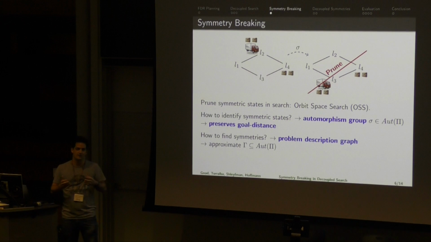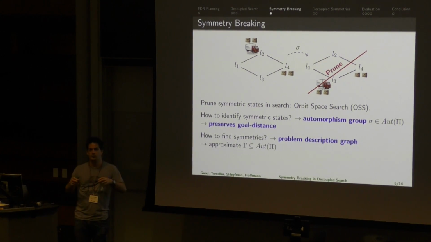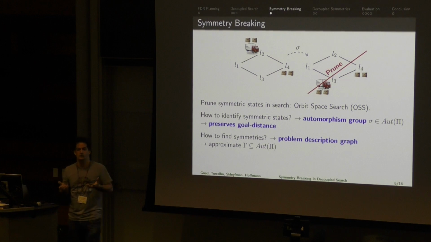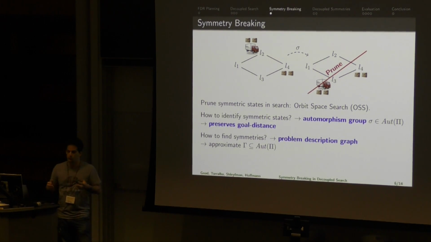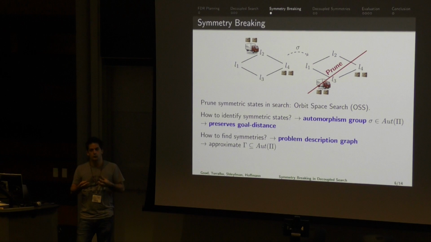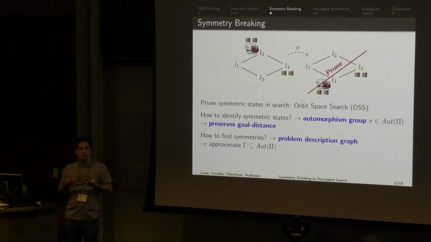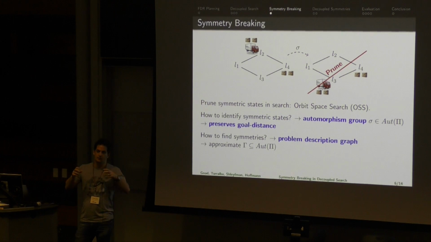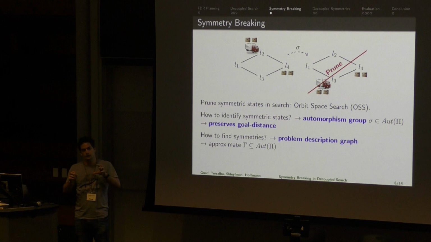Next, how do we actually detect those symmetries? We just cannot create the whole state space and then compute the automorphisms, that's intractable. So we need to do that more efficiently. We do this by the problem description graph, which is linear in the size of your problem. Basically it is a graphical illustration of your variables, the values that they can have, and also of all your actions and their preconditions and effects.